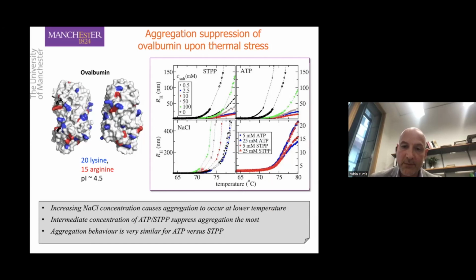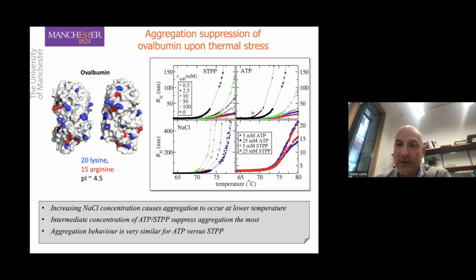We did these temperature ramp studies, and in this graph we did them with varying concentrations of sodium chloride, and you can see that when you increase the concentration of sodium chloride, you reduce the temperature onset of aggregation, so aggregation occurs more readily. This could be due to screening electrostatic interactions, because you're reducing the colloidal stability by decreasing the screening length when you increase the ionic strength of the solution.